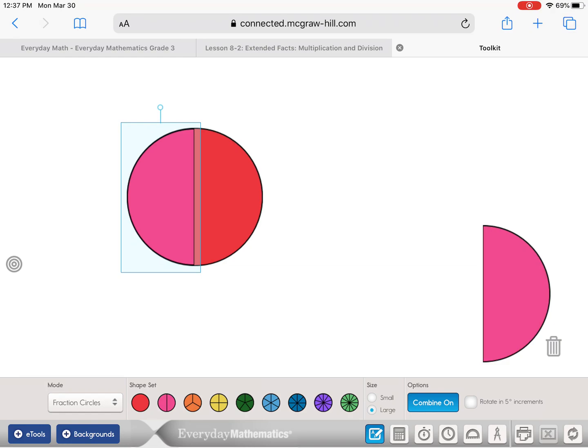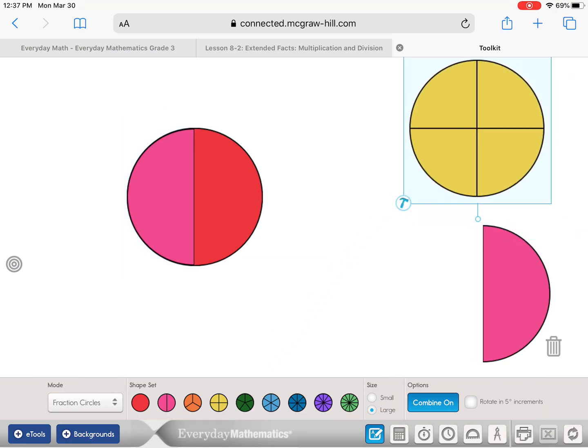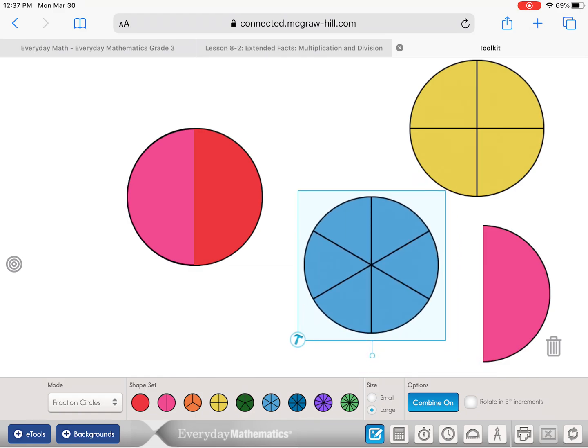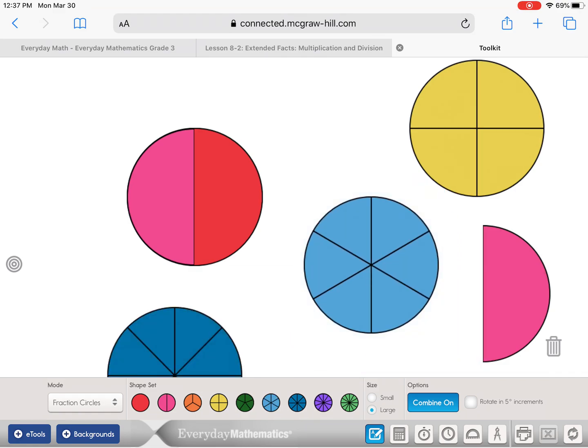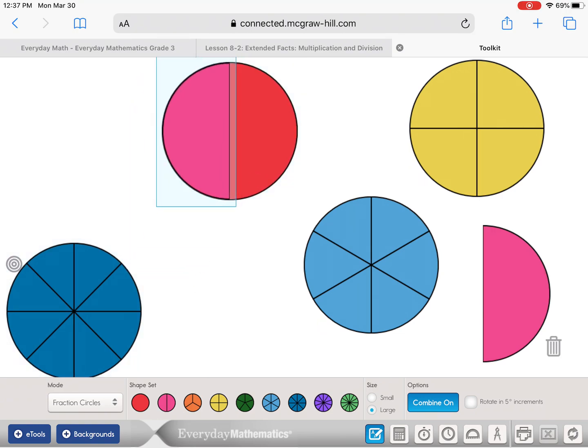So basically, I have the pink filled in. And I want you to come up with using different fraction pieces. You might want to go ahead and pull a few different ones out. I'm going to go ahead and pull these out. Move this up a little bit.